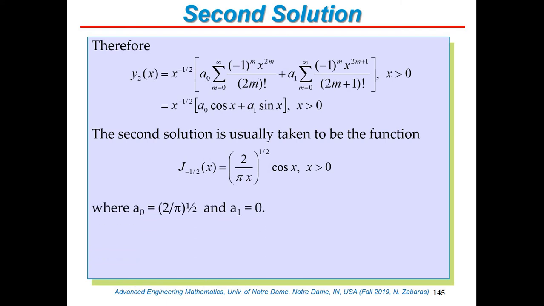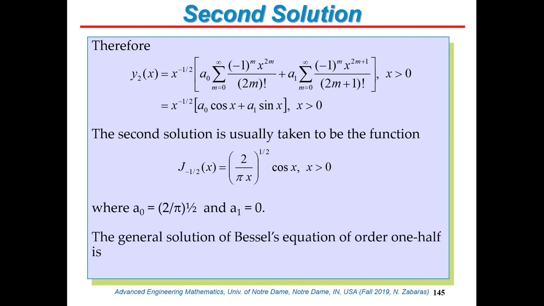And again, with a similar normalizing term as what we have seen before. And this is a solution of the second kind of half order of the Bessel equation. And the general solution for the order 1/2 of the Bessel equation is what you see on this slide.